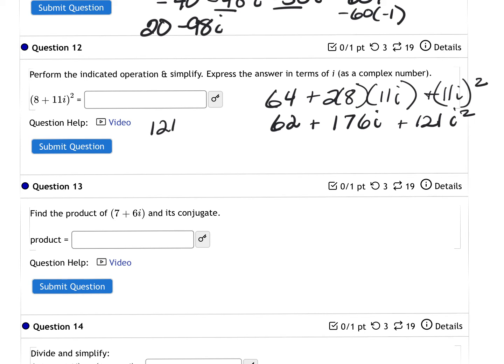So 121 minus 62, the difference is going to be 59, so negative 59 plus 176i.